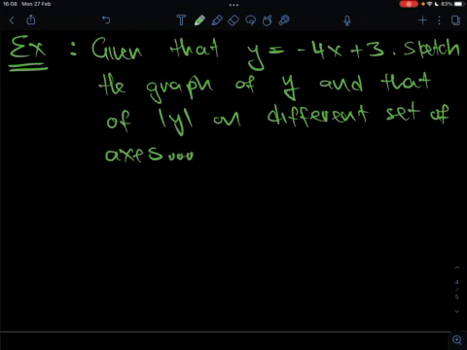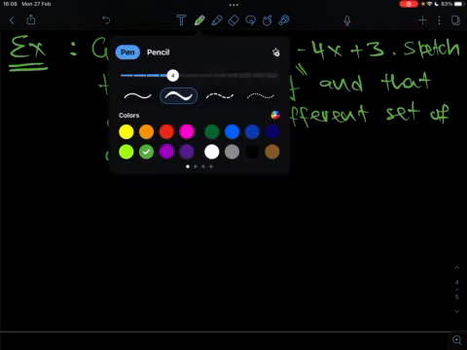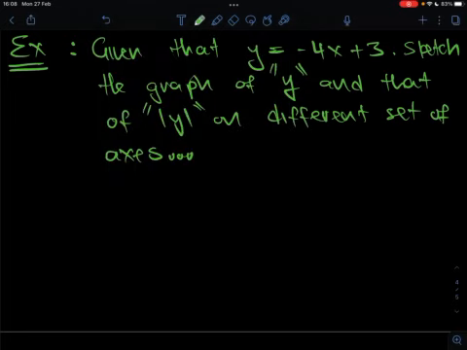You see, so given that y is described that way, sketch the graph of y at first and that of the absolute value of y. How can we sketch these two graphs? Let's see how to solve for that.